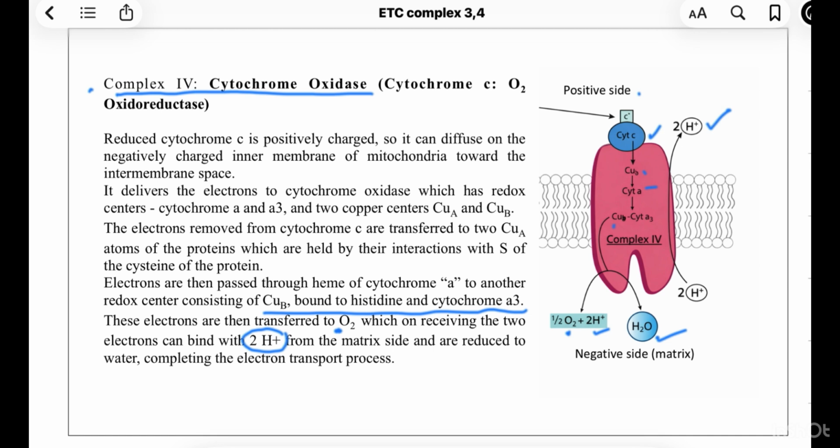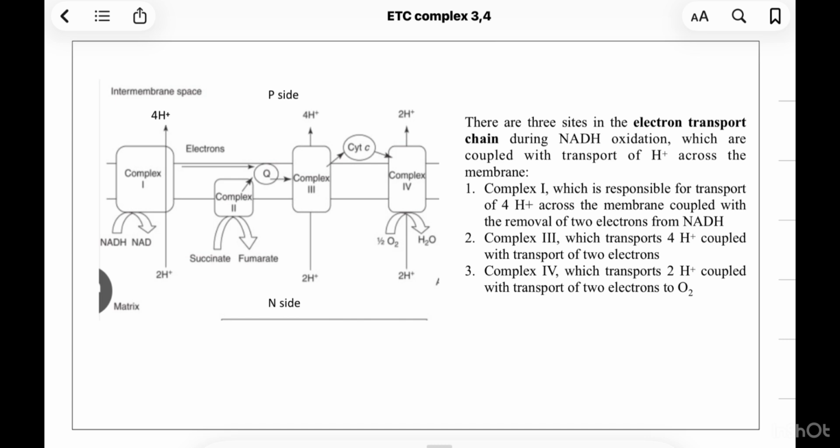This is a simple diagram to show you the accumulation of 10 protons on the intermembrane space. 4 protons, if you remember, are given by complex 1 when NADH gets oxidized to NAD. 4 protons are given by complex 3 when the Q cycle runs, where a pair of electrons requires 4 protons. 2 protons are given by complex 4 when a water molecule is formed.